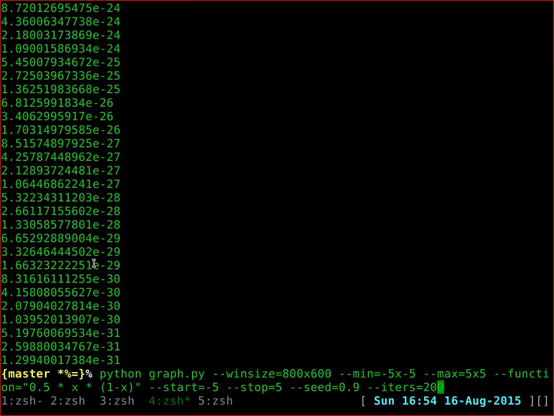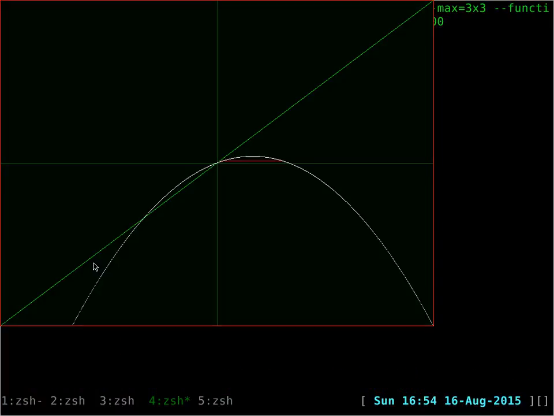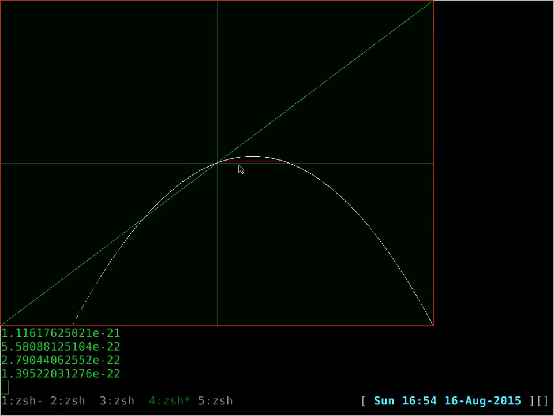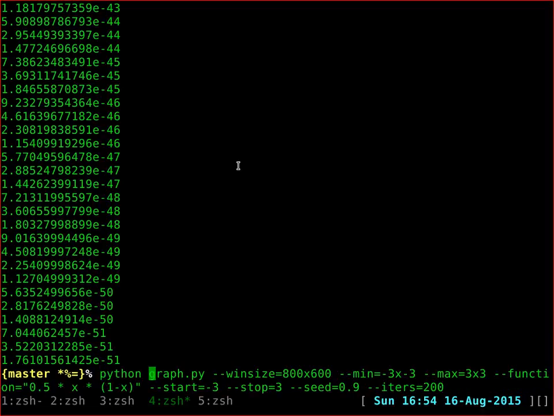I think we need to draw this much. So let's just reduce this 3x. So you can see how this, you can reduce it some more.